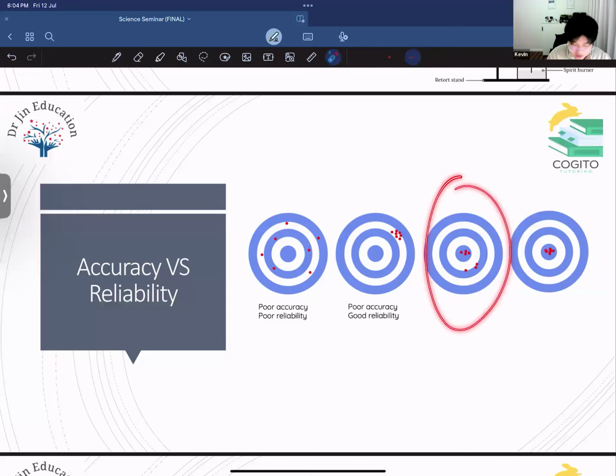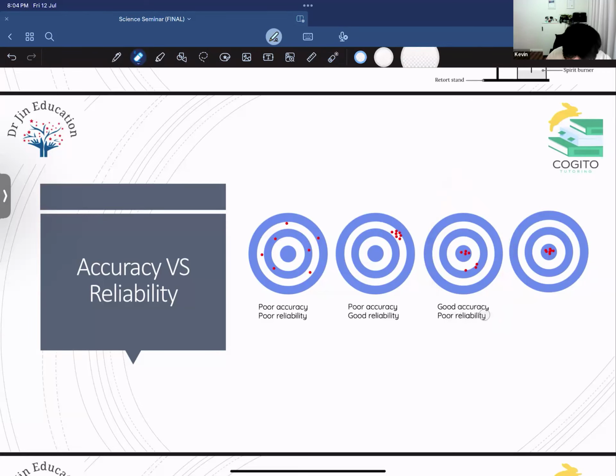Okay, look at this one now. Is this accurate? I think it's okay. Okay, how about reliability? Is it reliable? It's okay, but it's not great. Okay, so in this case, it's good accuracy, poor reliability.